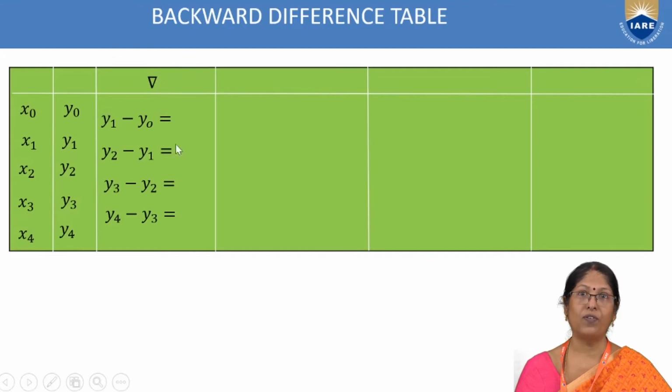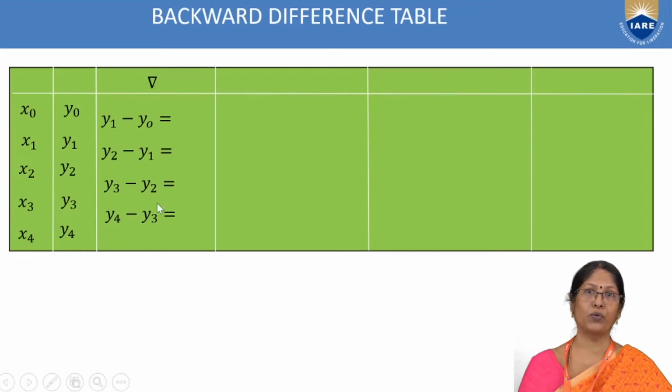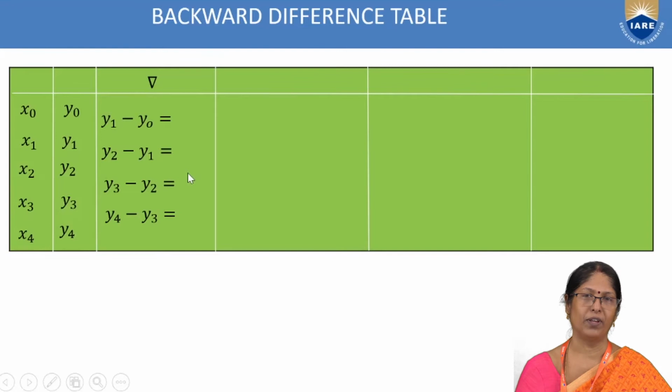Now this first column is the first backward difference. Just as everyone has a name, each difference also gets a name. The difference y1 minus y0 is named del y1.